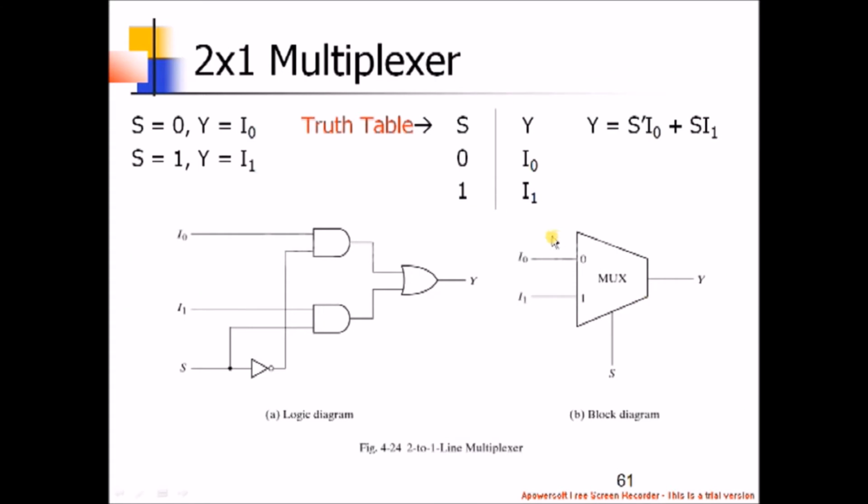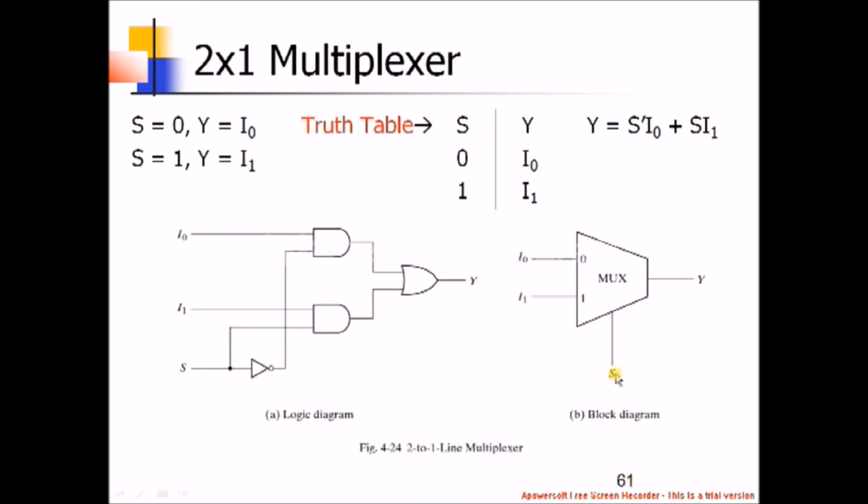This is the representation of the 2x1 multiplexer. We can also call it a 2 line to 1 line multiplexer, or a 2 line to 1 line mux. Here it is receiving two inputs, I0 and I1, S is the selection line and Y is the output.